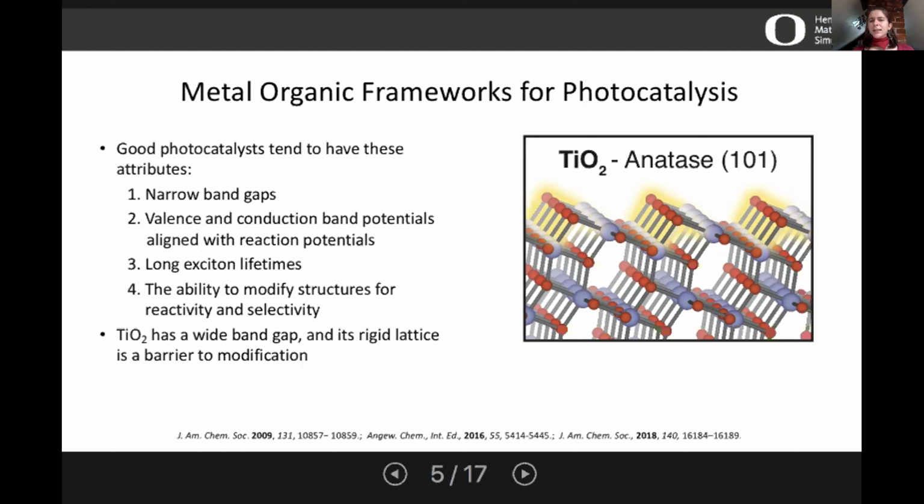And titanium dioxide, our champion, has a wide band gap and cannot actually absorb light in the visible region. And its rigid lattice is also a barrier to structural modification that we could potentially do to modify this band gap.